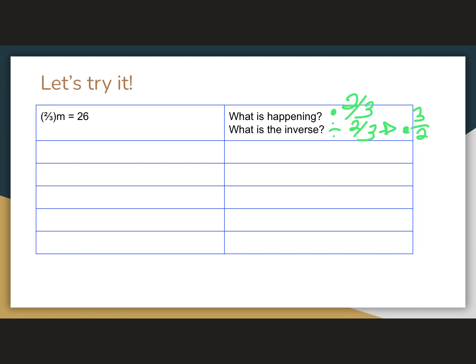Remember that dividing by anything is the same thing as multiplying by the reciprocal. The reciprocal is just when we flip the number. So division is the same thing as multiplying times the reciprocal. Okay. So I'm going to be multiplying by 3/2.